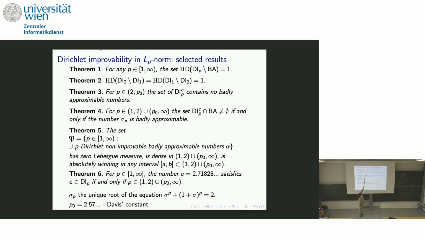So D with index P is improvable in the LP norm, because I don't want to write the index LP here, just P. So there are a lot of numbers which are 1-improvable but not 2-improvable, and vice versa. Sometimes the set of Dirichlet non-improvable numbers does not contain badly approximable numbers for some reason.